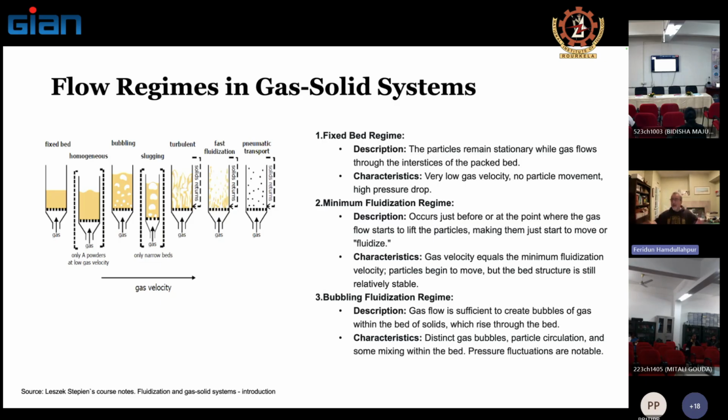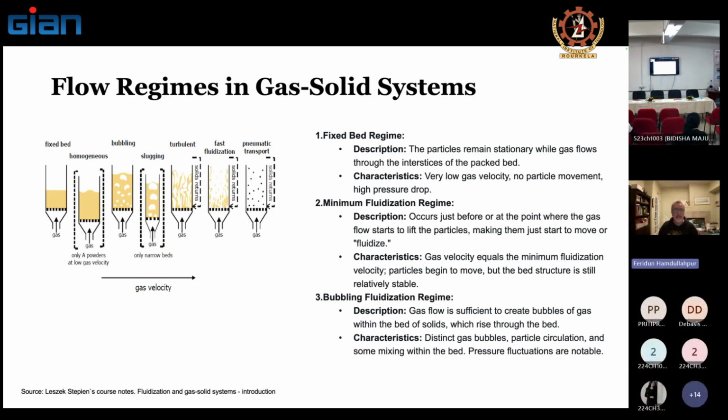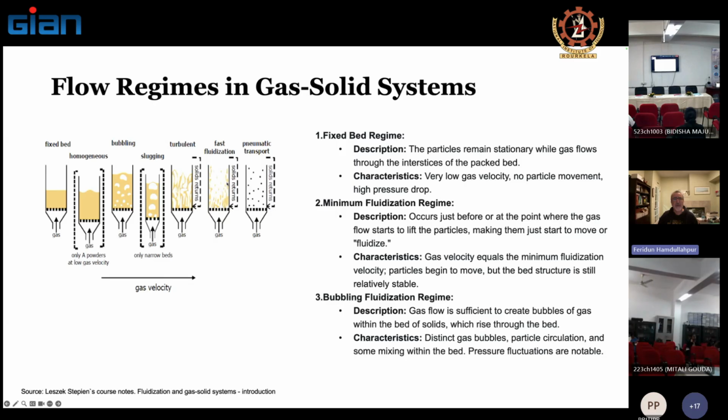Particles now start going all over, and it is behaving as if they are small eddies. Of course, the scale of the eddy is determined by the size, diameter of the particle. Then you further increase it, these bubbles disappear and fast fluidization will start, and you will see clusters of particles.